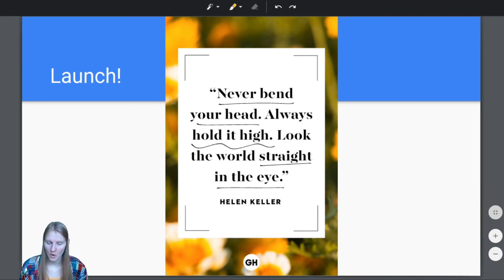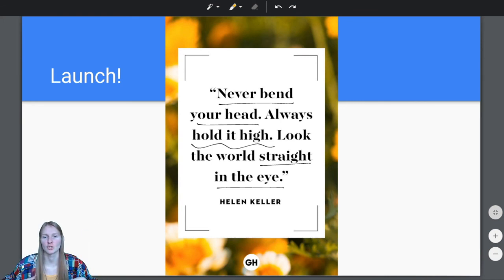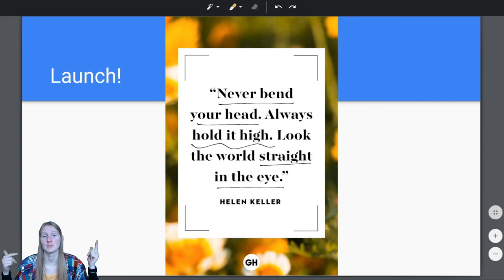No, no, no. What she means is typically when we say bend your head, you kind of think of like you're shy or like you're ashamed of something. And you have nothing to be ashamed of. In all of your human mess that you are, we all make mistakes, we all make bad choices, but you are still enough just as you are, no matter what bad things you've done or what mistakes you've made.